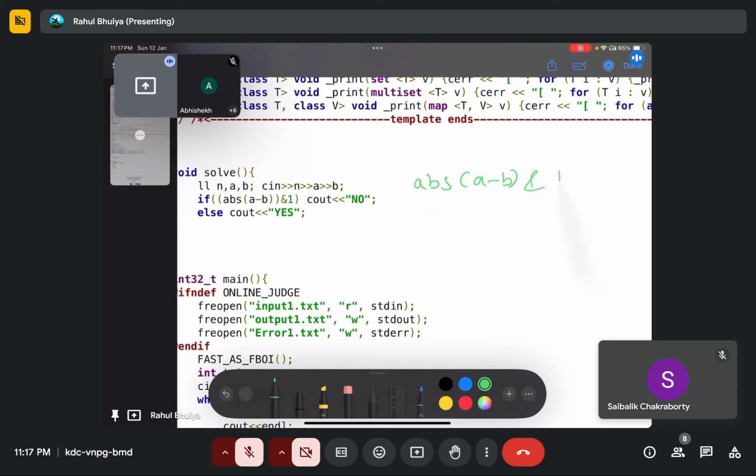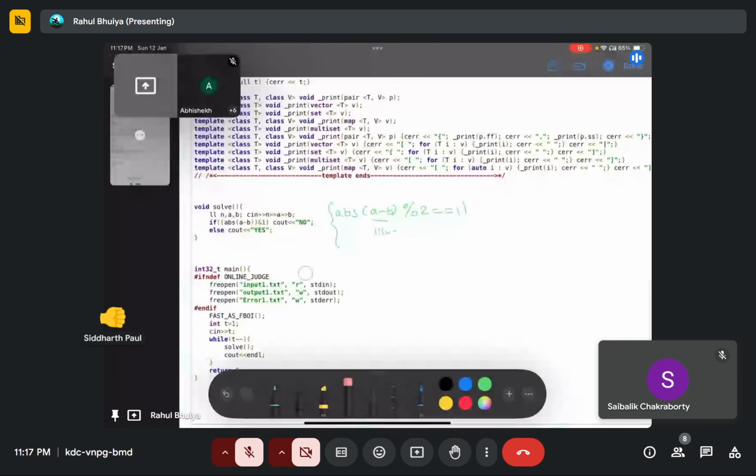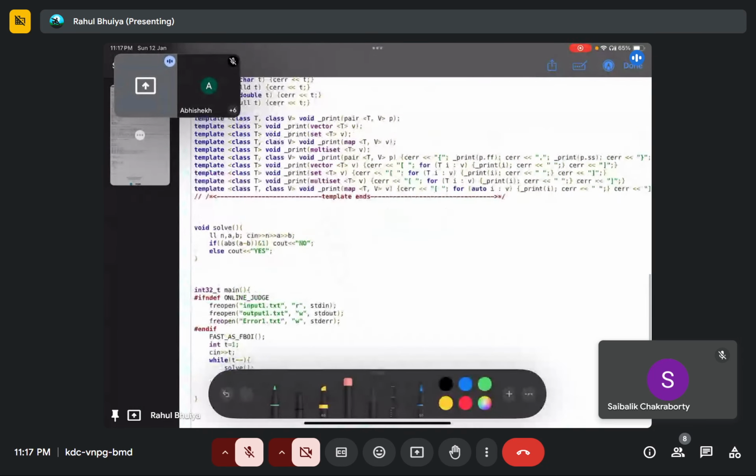I'm checking if it is odd. This is a bitwise operator. If you don't know the bitwise operator, you can just do modulus 2. If it is equal to 1, the number of lily pads between them is even. If you understand this, then the answer will be no, or else it will be yes. Okay. So this was the simple implementation of this program.